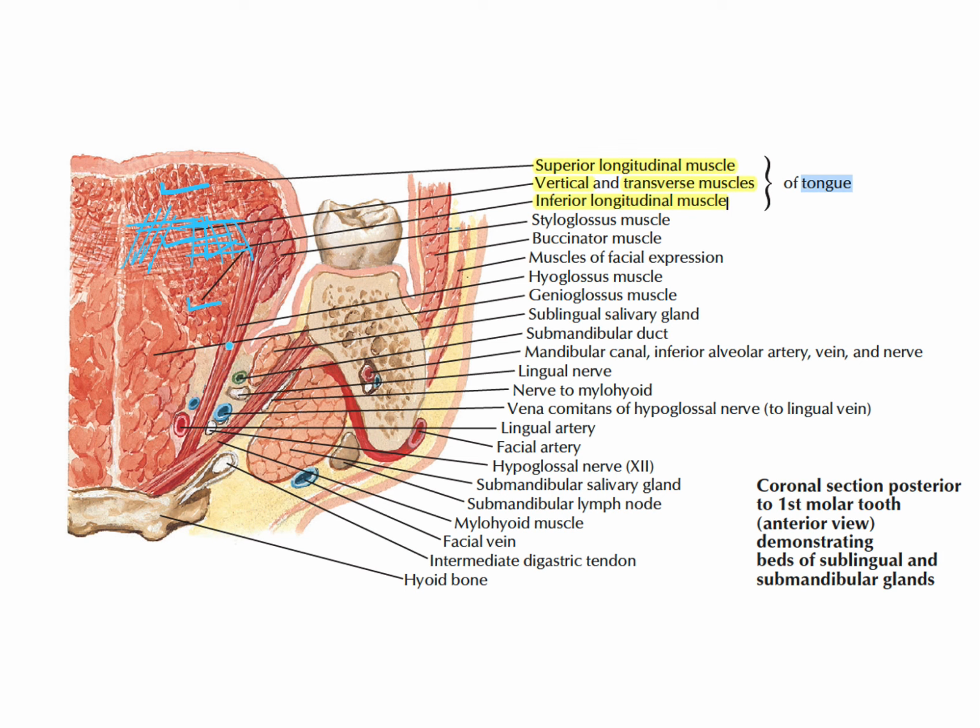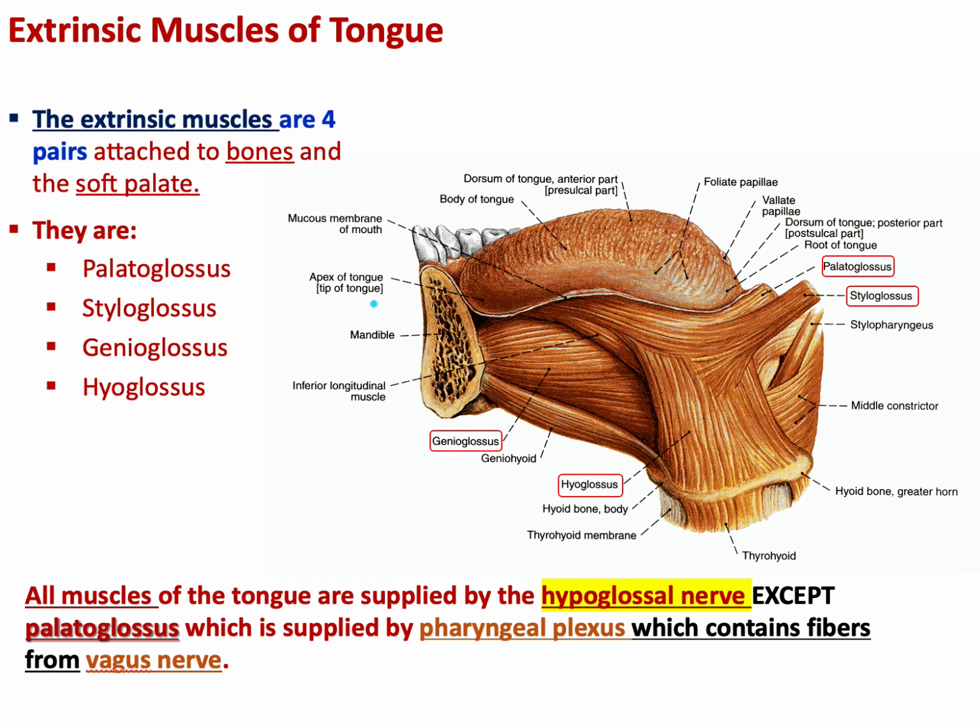Let us now shift to the extrinsic muscles, for example, the genioglossus muscle and the hyoglossus muscle. Look at it here. We have 4 pairs of extrinsic muscles. They are attached to the bones and soft palate. I think you remember the palatoglossus muscle.